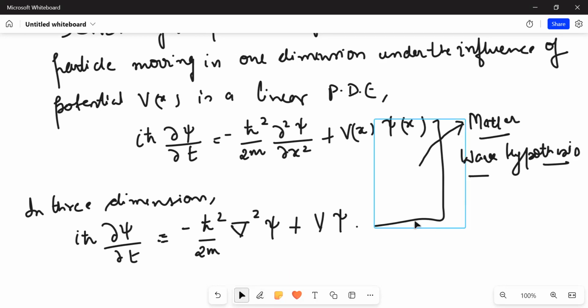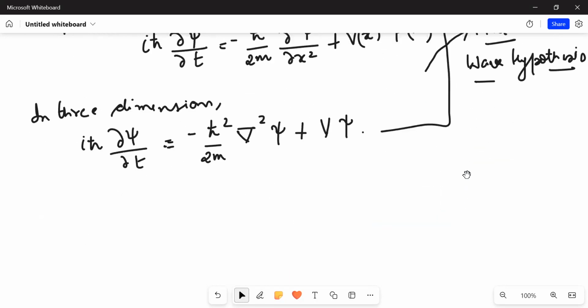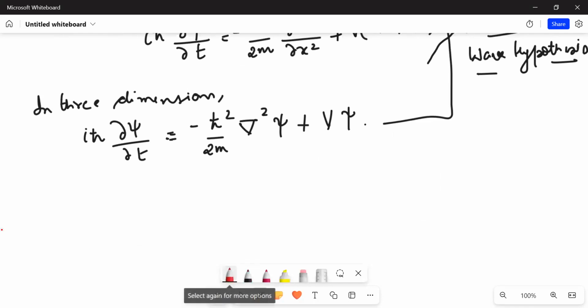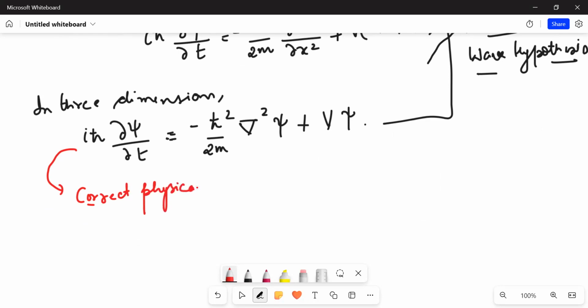Now, what does this particular equation represent? This particular equation represents a correct physical law of time evolution of this wave function psi.